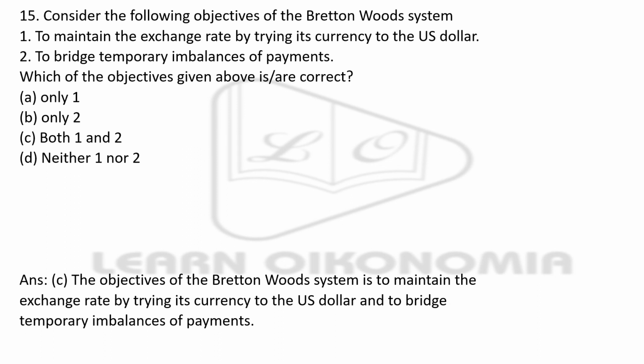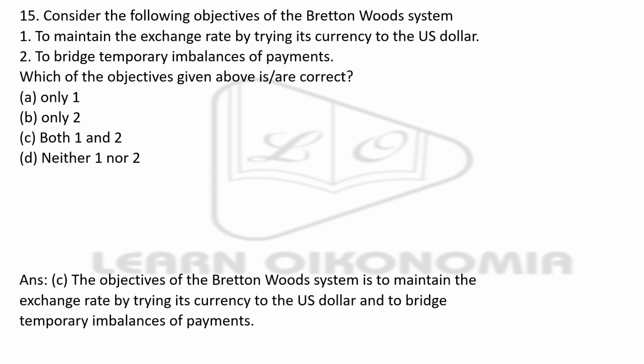Next question, consider the following objectives with respect to the Bretton Woods system. We know that the Bretton Woods system plays a very important role in the establishment of two important international organizations. We have discussed the WB and the IMF. The WB and IMF have been established as a result of the Bretton Woods Agreement.